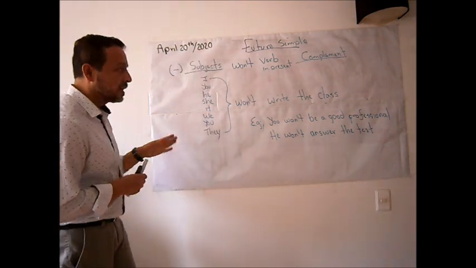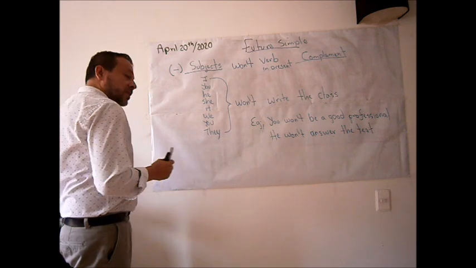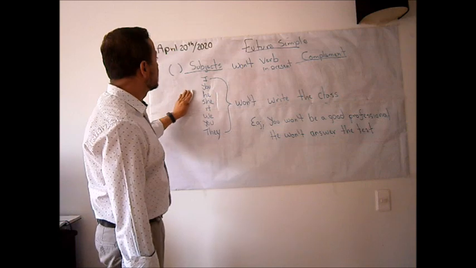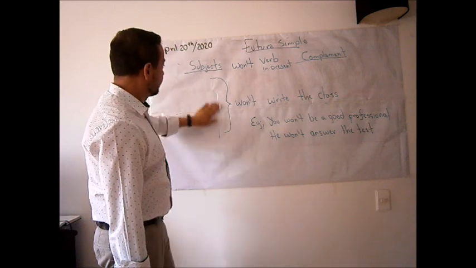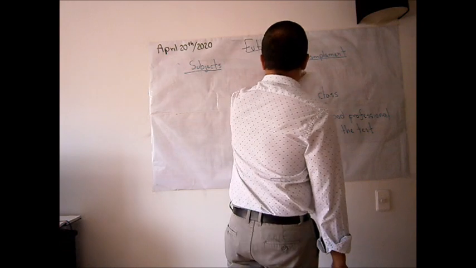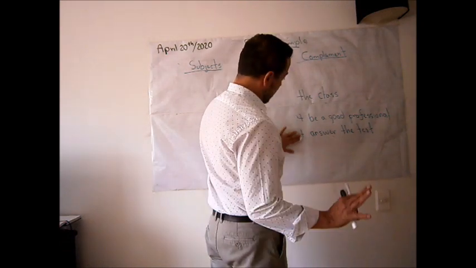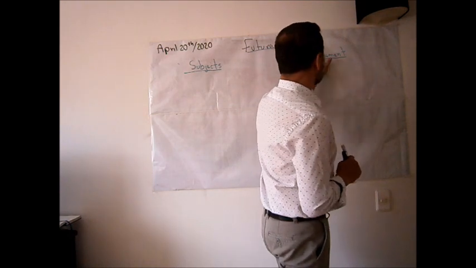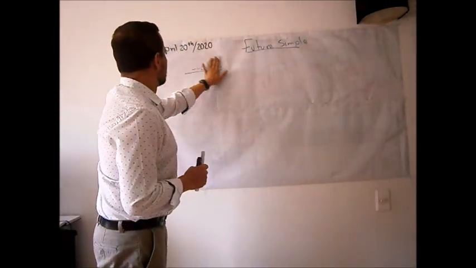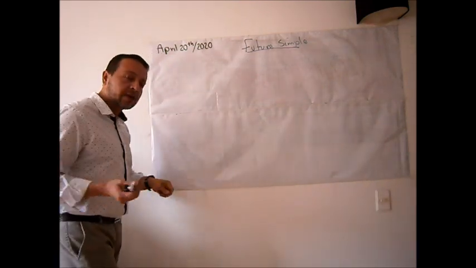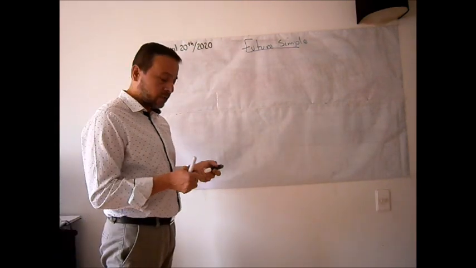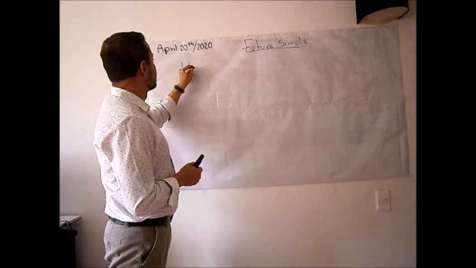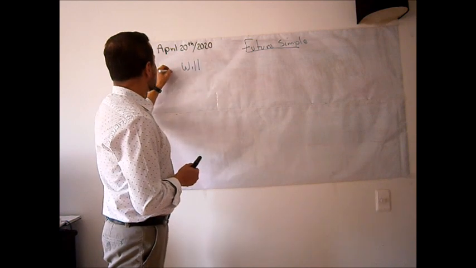Okay, now boys and girls, we are going to see the interrogative sentence. That is very easy too. Remember that you can pause the video and you can copy all this information on your notebooks. When we want to do interrogative sentences using will, we are going to put first will.